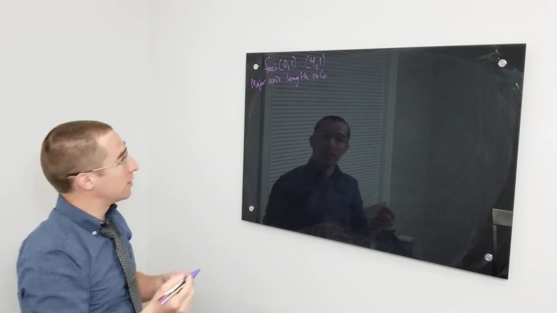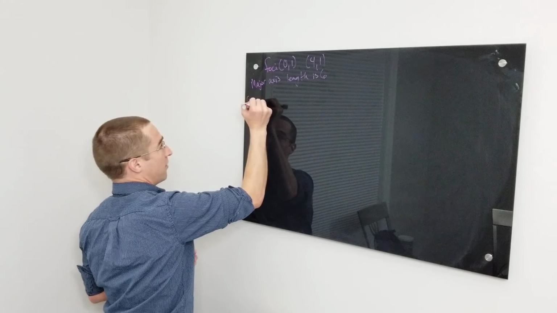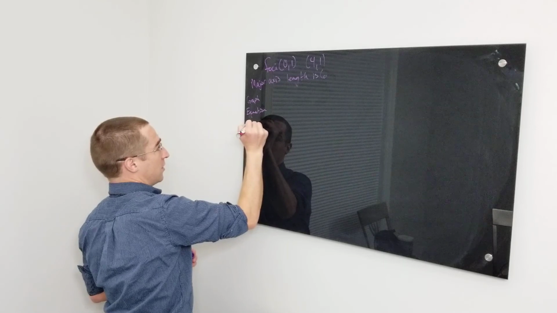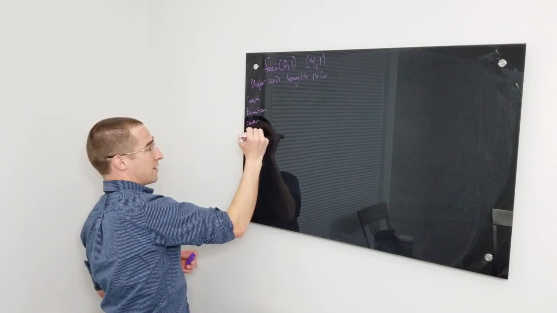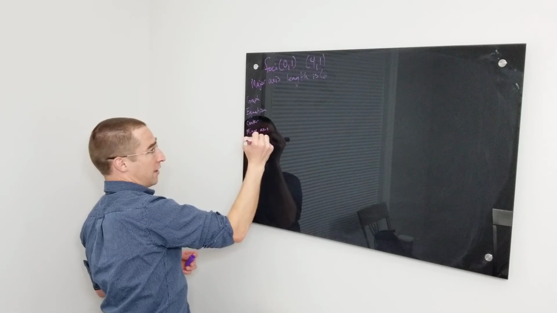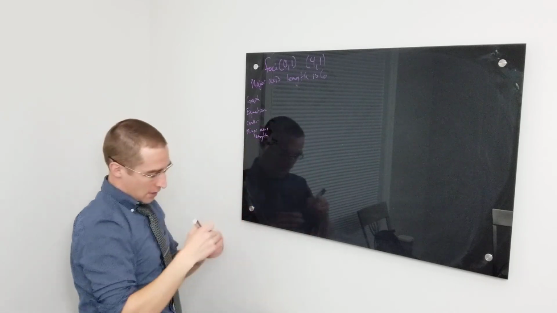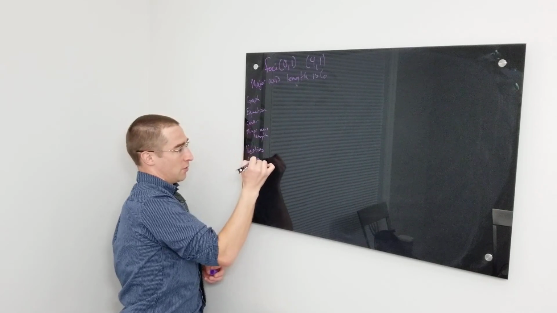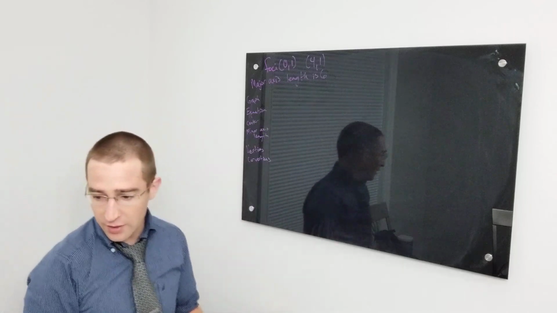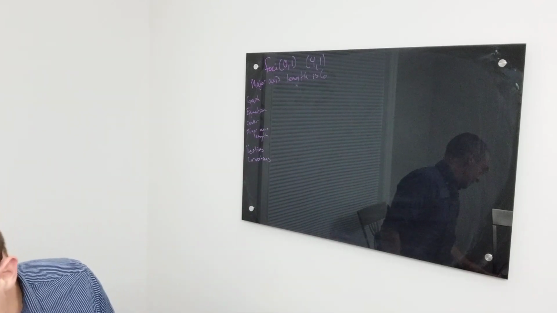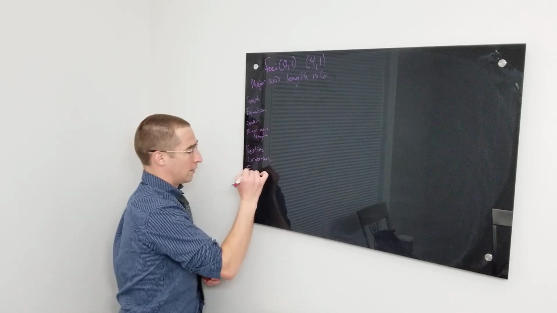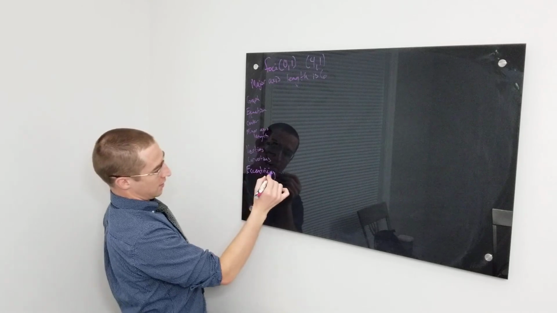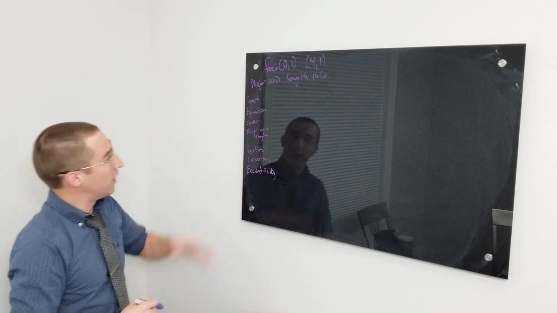What we want is a graph, an equation, the center, the minor axis length, the vertices and the co-vertices. We want all that information. Oh, and the eccentricity.